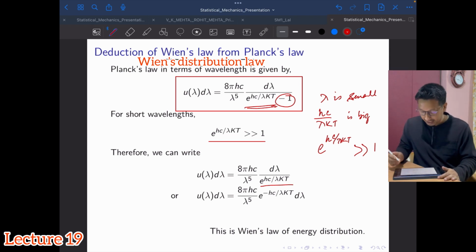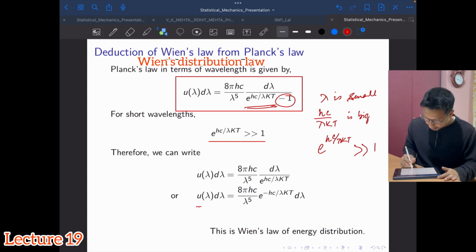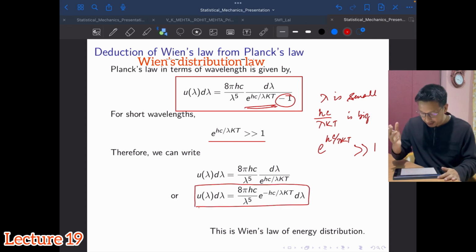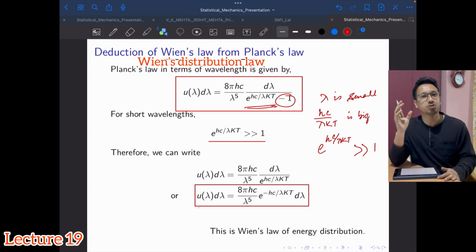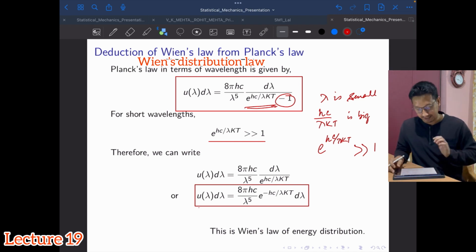If I rewrite the same expression in the following way, as given here, you realize this is your Wien's law of energy distribution, which fits well for the lower wavelength side.